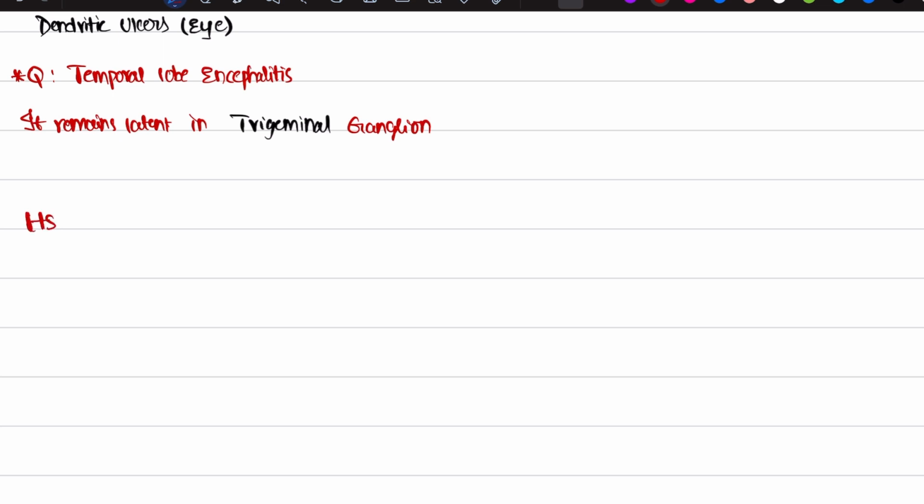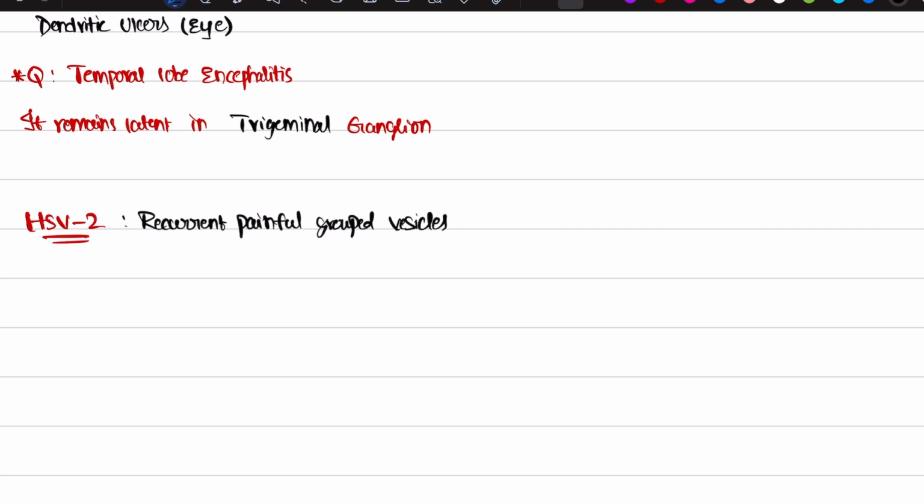See, HSV type 2. So here also we are going to describe what kind of lesion it is. First, this lesion is same as HSV type 1. These are recurrent, painful, grouped vesicles.